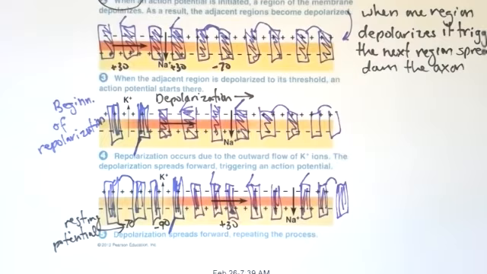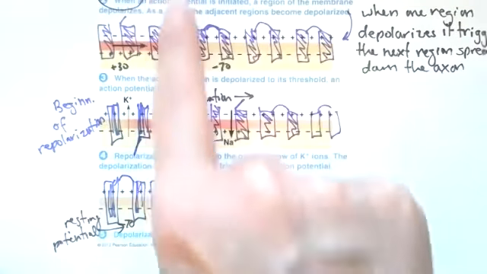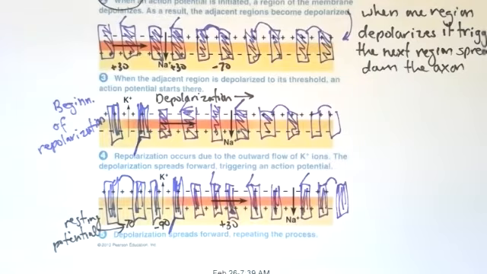And it's through this process of one region triggering the next, triggering the next, both in depolarization and repolarization, that causes it to spread. So let me put a purple dot here on this finger to represent depolarization, and a blue dot on my other finger.